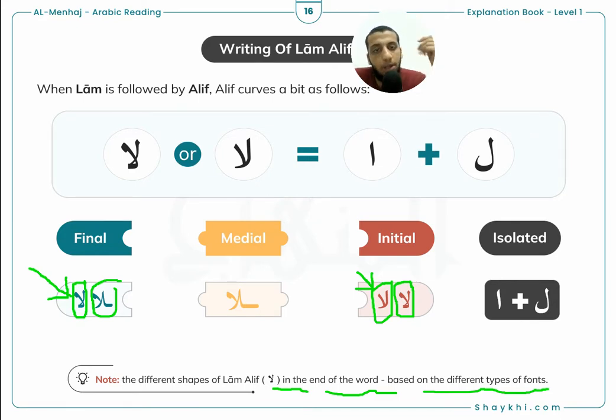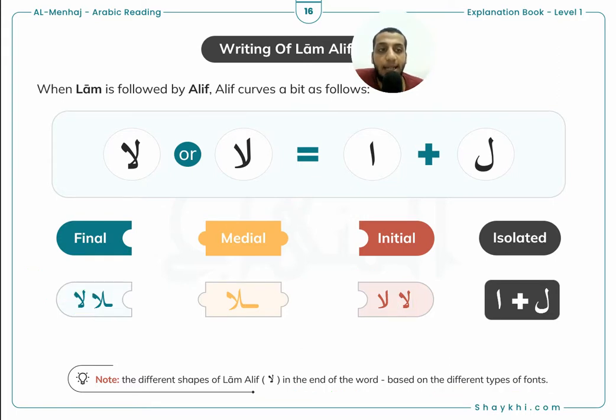If you open a Word document, write lam with alif and try changing to different fonts, you will see these shapes. But it's not because a certain case or situation requires a different form. No, whatever you like, use it. So our rule is that the different shapes are due to different types of fonts.